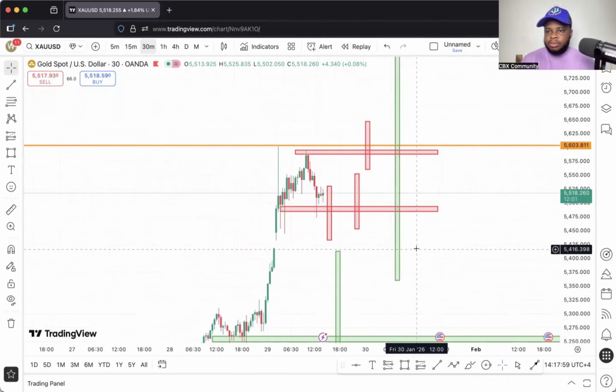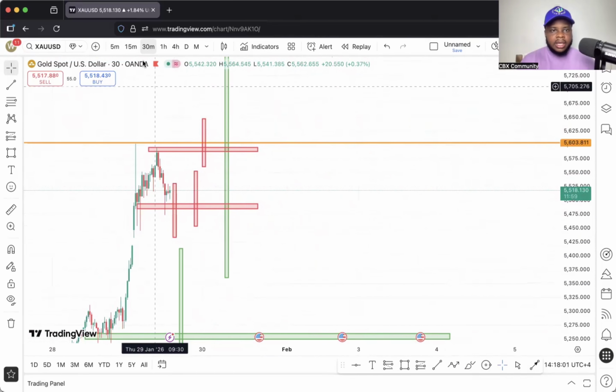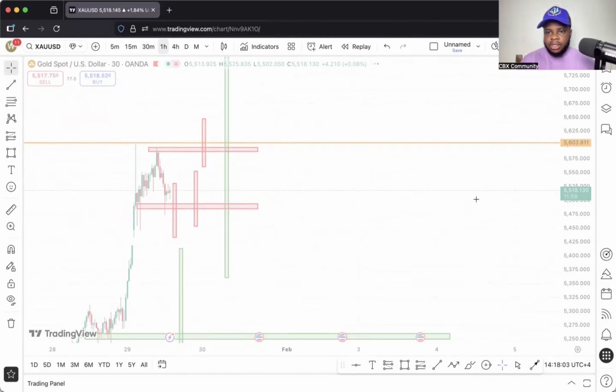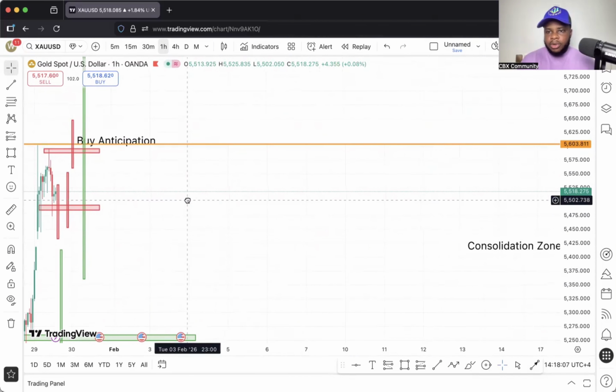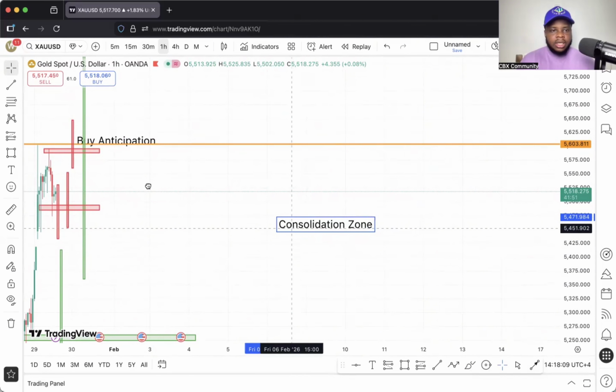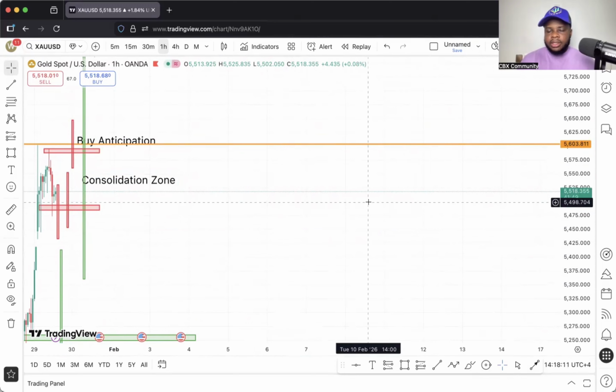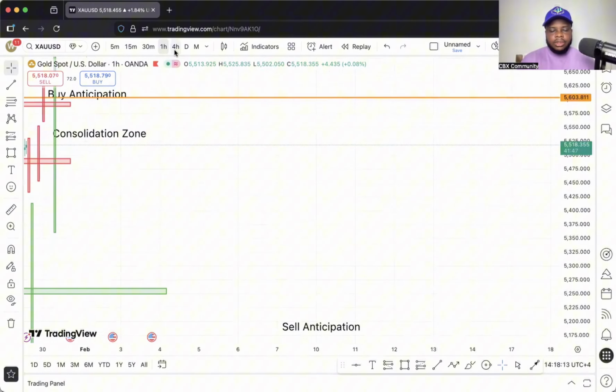So let's bring the buy and sell, so that if anybody is joining, the person will be able to know that this is where we're anticipating to take a sell and this is where we're anticipating to take a buy. Let me see.